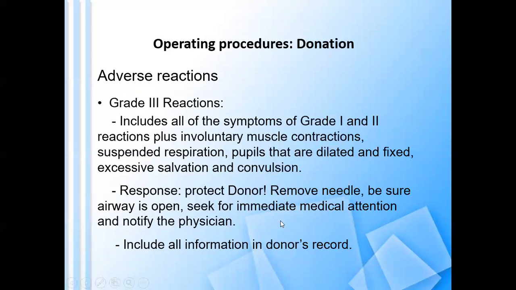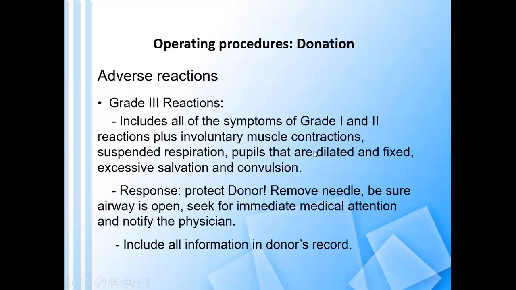So the donor may have involuntary muscle contractions, may suspend his respiration, and it may happen that pupils are dilated and fixed, with excessive salivation and convulsions. All these reactions are categorized as grade 3.